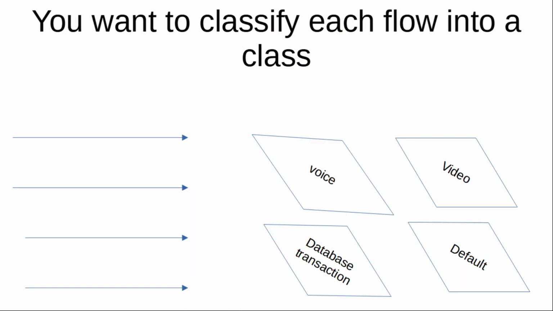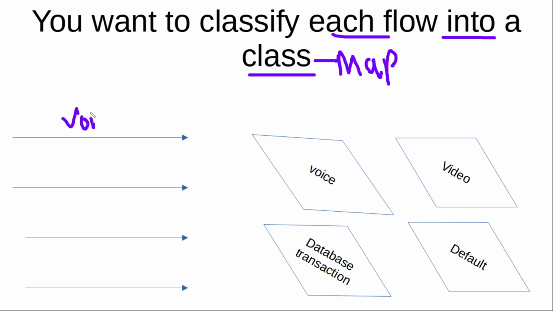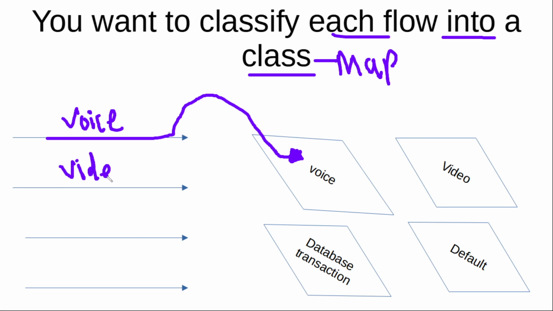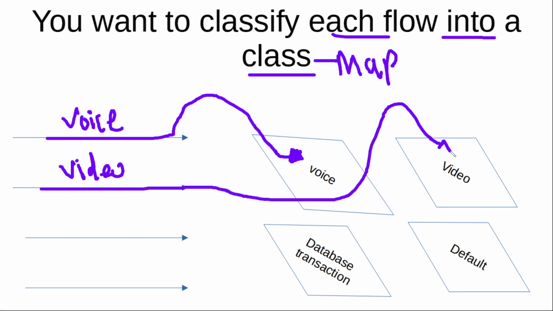So let's continue. With classification, you want to distinguish each flow and place it into what we know as a class map. So we want to distinguish voice traffic that is entering our switch and place it into a voice class map. And we want to identify video traffic that is entering into our switch and place it into a video class map, for instance.